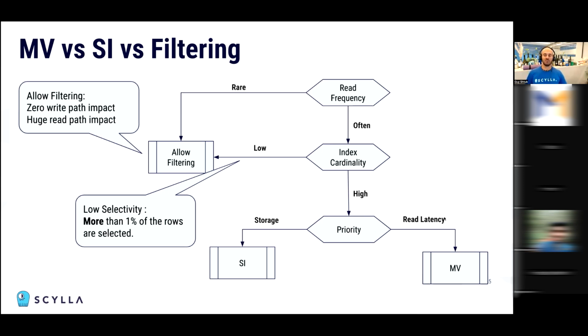If we want a very low read latency, and low latency translates, of course, to better performance, then we want to use a materialized view. Now, if you remember, what happens with a materialized view is that we're duplicating a lot of the data. We're paying a price in storage and in writes, but we're getting the benefit when we do the read.